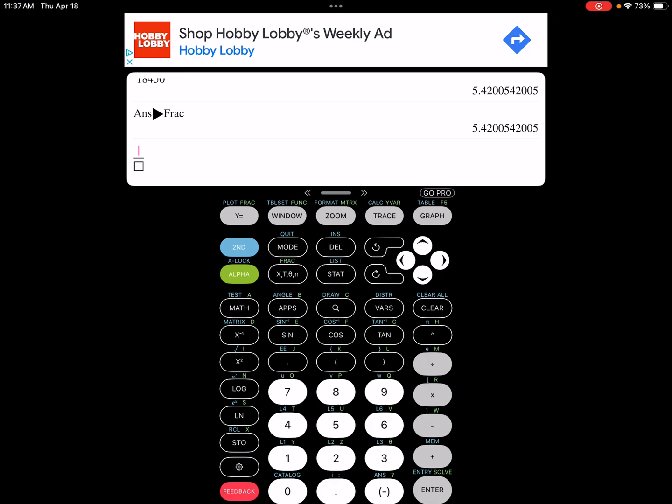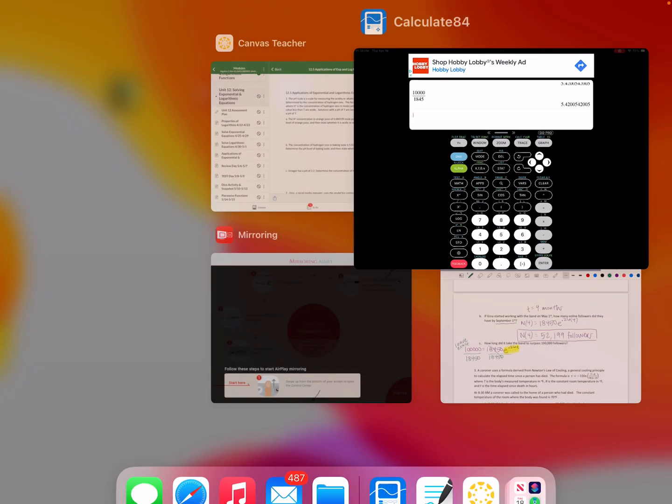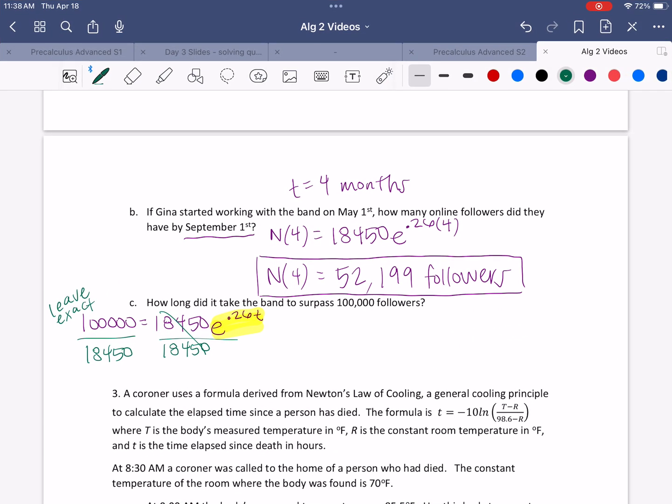I know it can reduce by 10, so all I'm doing is getting rid of the 0 on the end. No, I don't know. I guess this app doesn't do that, but hopefully you're using a school calculator. It helped me reduce it down to 2,000 over 369. Sorry for that delay. And you could also just leave it as this crazy fraction as well.